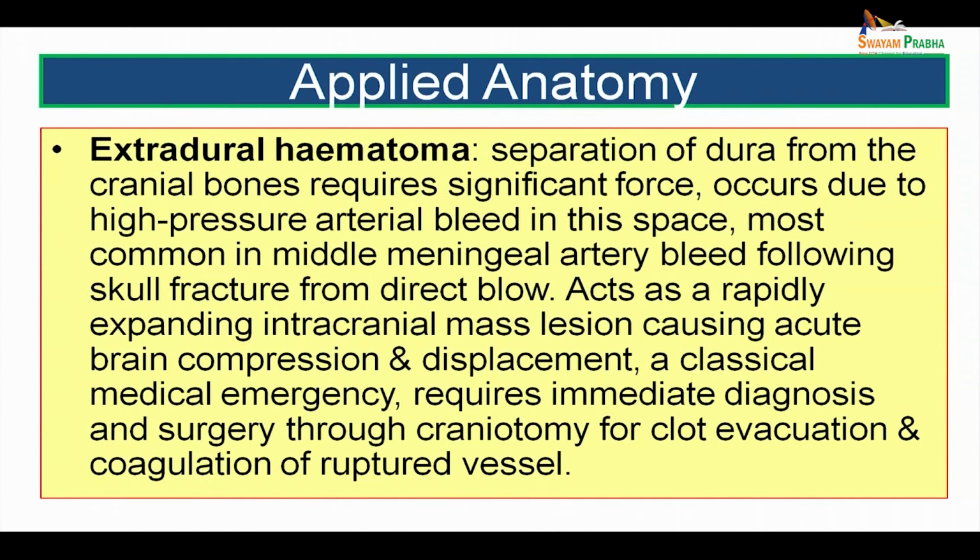The middle meningeal artery bleeds following a skull fracture because of direct blow or trauma to the skull bones. This hematoma acts as a rapidly expanding intracranial mass lesion causing acute brain compression and displacement. It is a classical medical emergency which requires immediate diagnosis and surgery through craniotomy for clot evacuation and coagulation of the ruptured vessels.